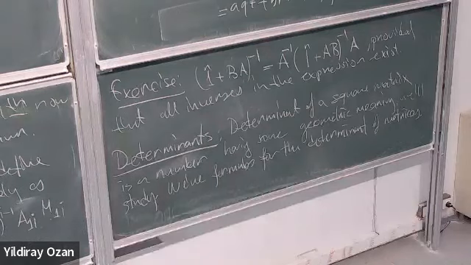R transpose Q. What is R transpose? X, Y, Z. Q is A, B, C. So this is a 3 by 1 matrix. This is a 1 by 3 matrix.